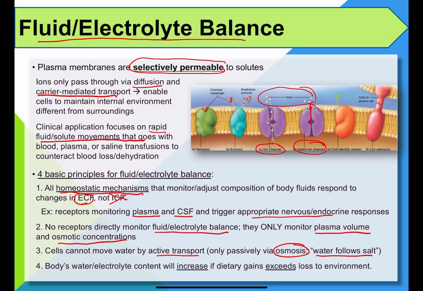All right, and lastly, your body's water and electrolyte content will increase if dietary gains exceed the loss to the environment. Just like how we talked about in metabolism, the more fat, amino acids, and sugar that you put into your body, it's going to be stored in your body in some way.